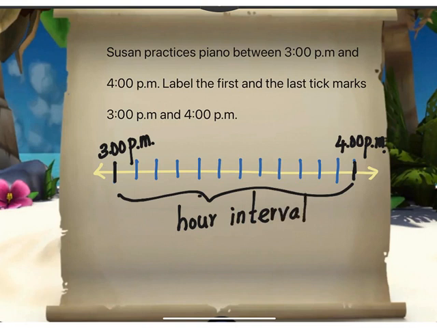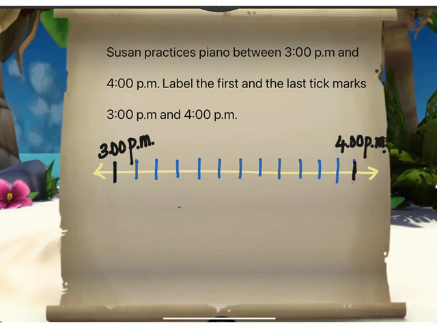What is an hour interval? A clock breaks time down into intervals of seconds, minutes, and hours. So in this number line, the clock has broken the time down into hours. So the difference is 1 hour.